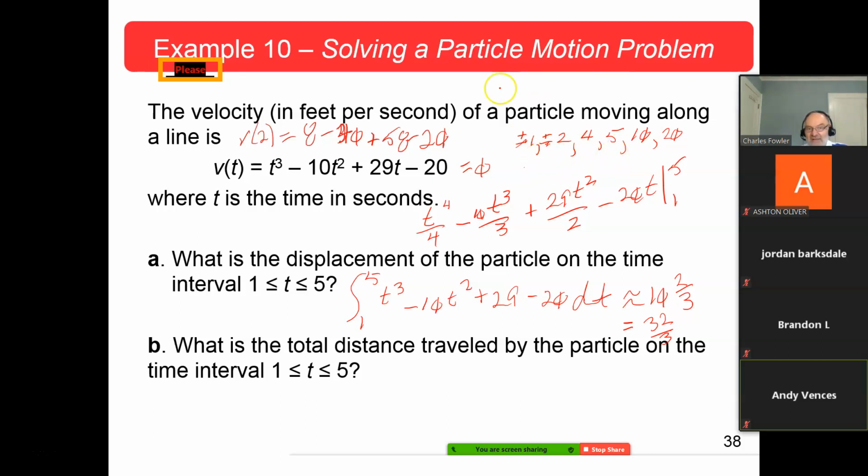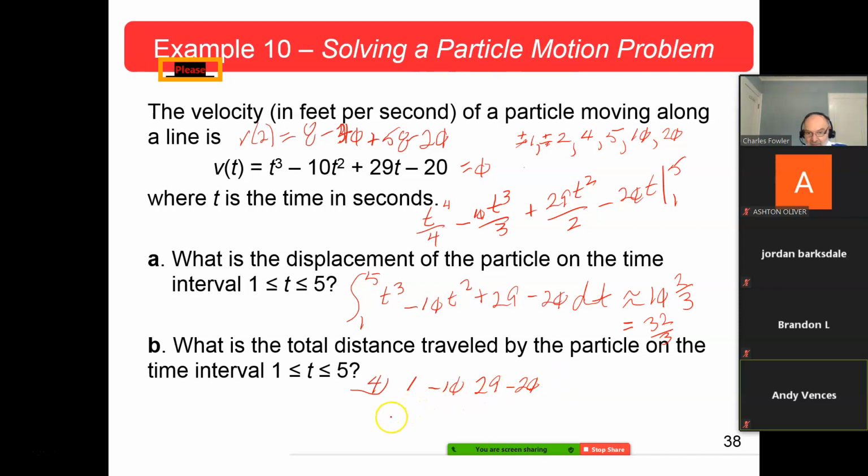So let's see if any of the rest of those are. We just did 2 and found out it's not a 0. Let's do 4. Let's do synthetic division. I think I'll come down here and do synthetic division. 4 into 1, minus 10, 29, and minus 20.